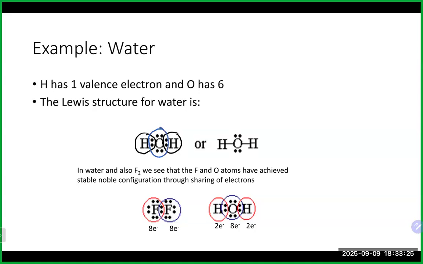And each of the hydrogens, by sharing one electron with the oxygen, is also able to reach 2 electrons, which is what it needs. So again, as we talked about, that is the goal. Once again, these guys here would be bonding electrons. And obviously, these guys here would be non-bonding electrons.